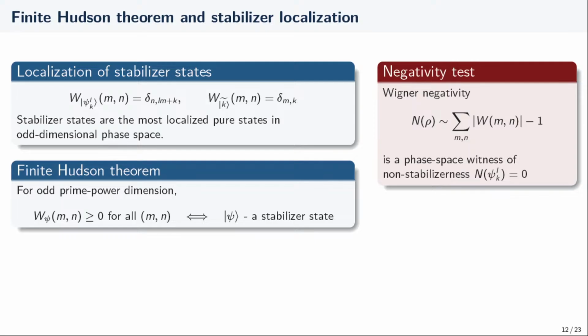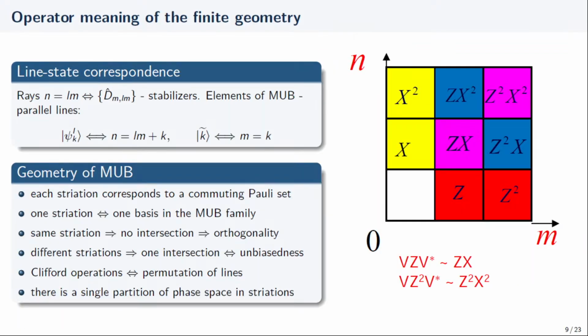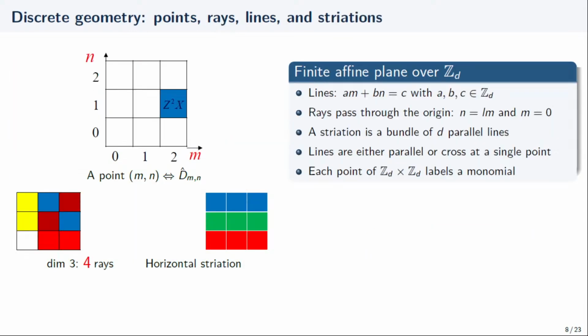If I plot the Wigner function for prime power dimensions, it would have the form of a ray. And this is it. There is nothing else in the prime case.